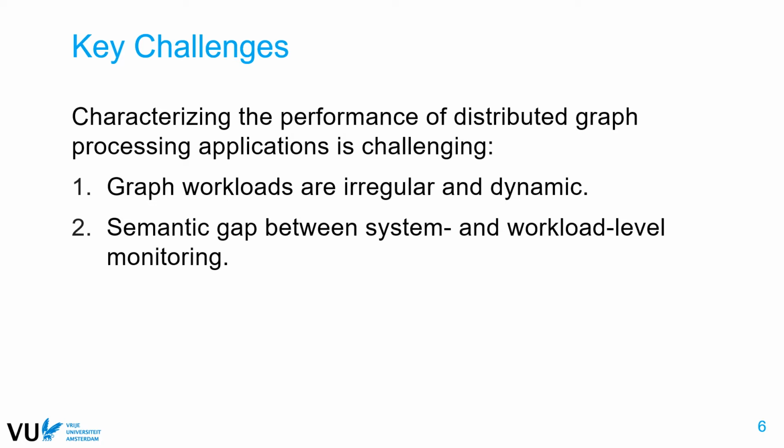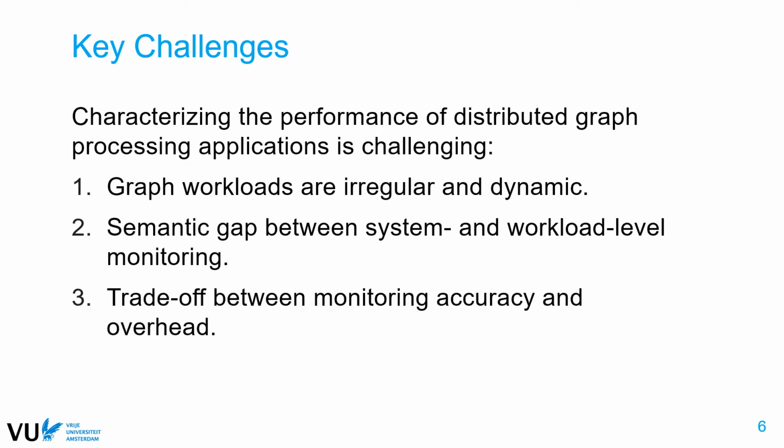Second, there is a semantic gap between system-level and workload-level monitoring data required for performance characterization. Typical cluster monitoring tools may reveal when an application's execution was CPU or network bound. However, these tools cannot relate system-level bottlenecks to workload-level concepts like iteration boundaries or workload skew.